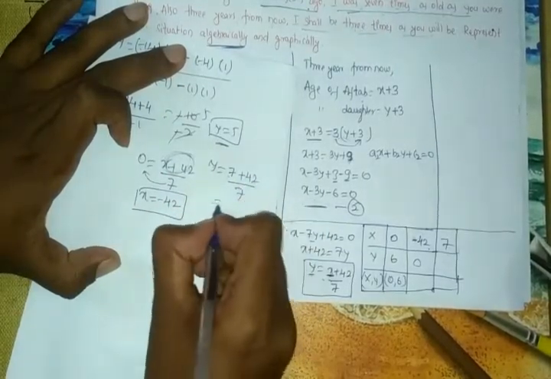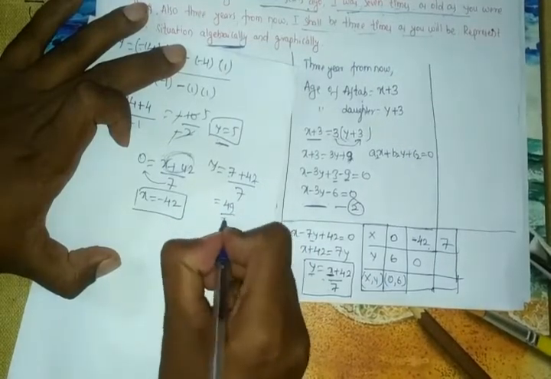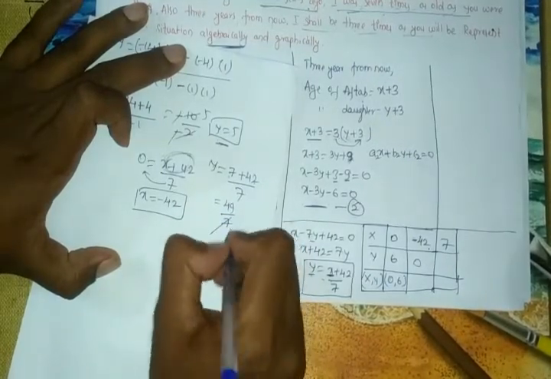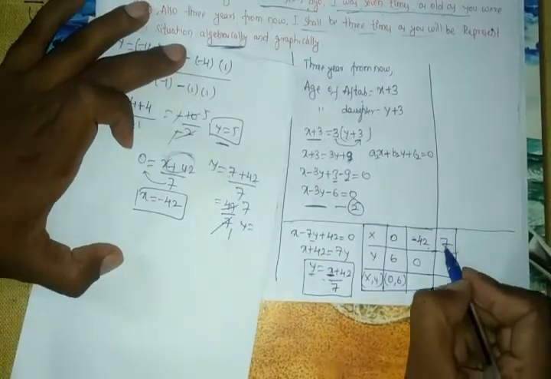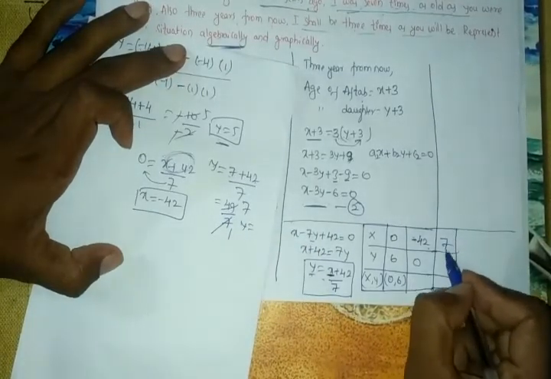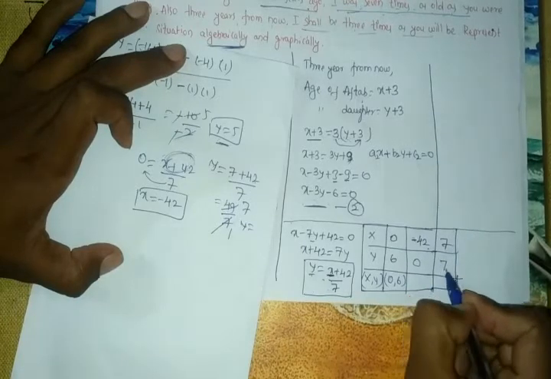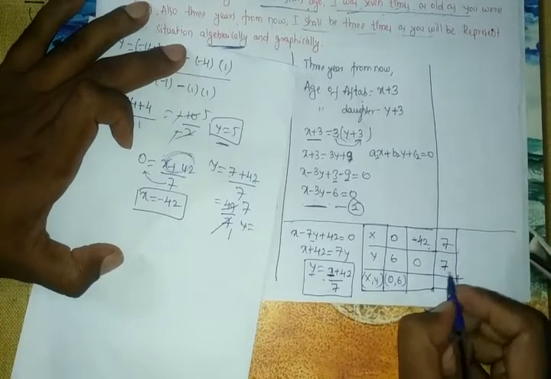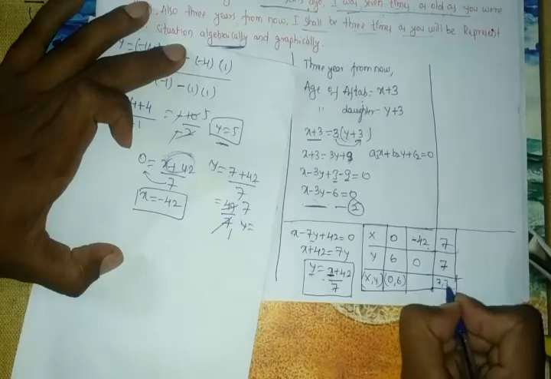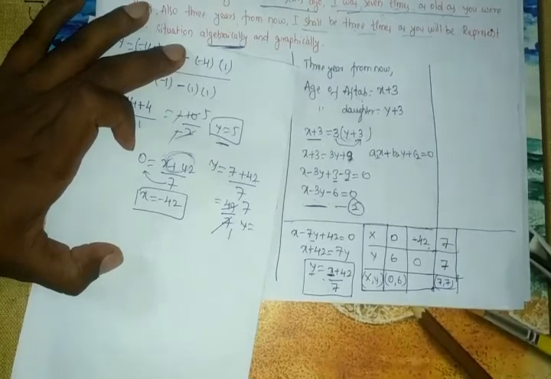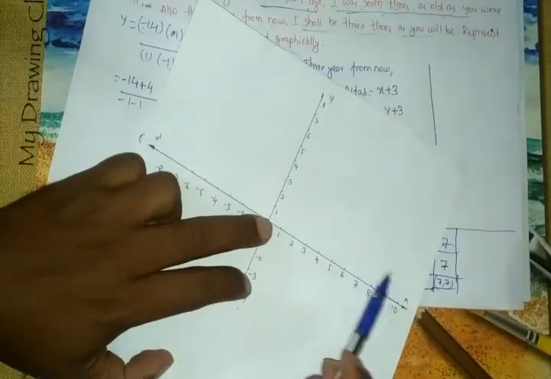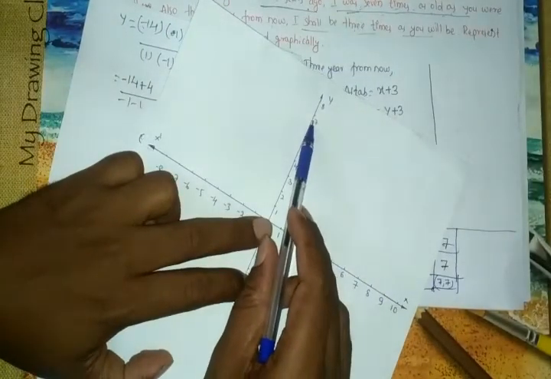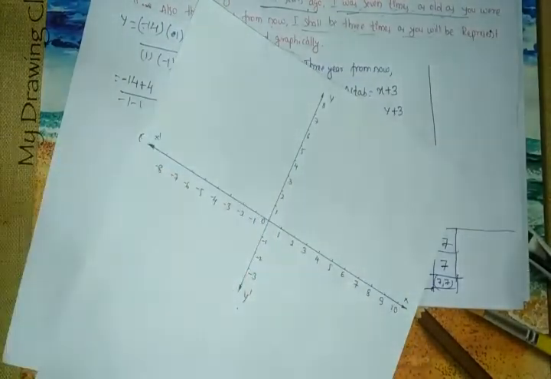So this will be 49 divided by 7, and 7 sevens are 49. So when x is 7, I am getting the value of y as 7. So I got one more point, 7 comma 7, that is positive 7 comma positive 7. Easily I can mark this in the graph.